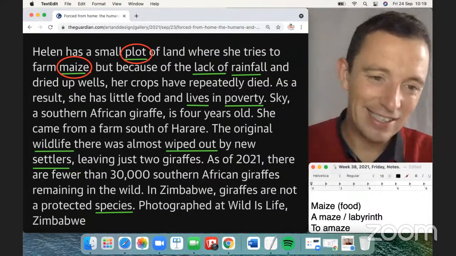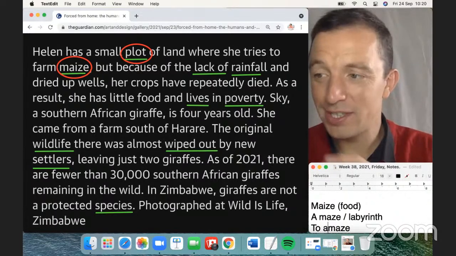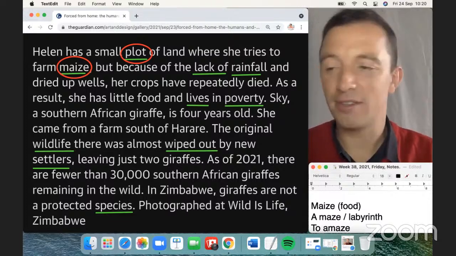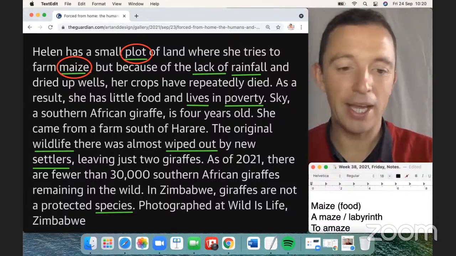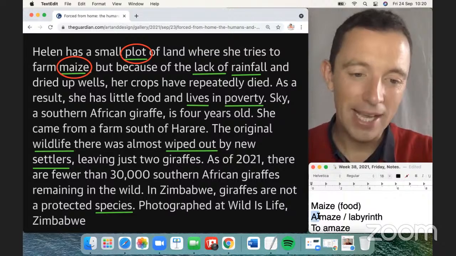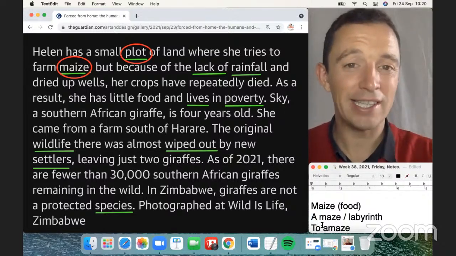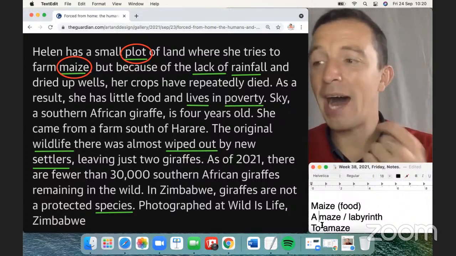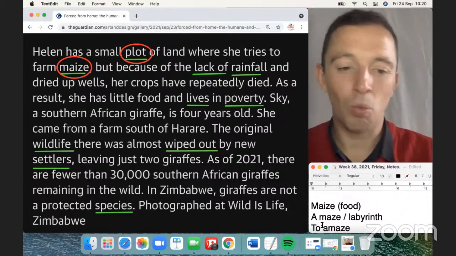So it's the same pronunciation, similar appearance, but just different in the significance. So a maze, the noun, is like in the playground, you're in it and you cannot escape. And the verb to amaze is to do something wonderful.